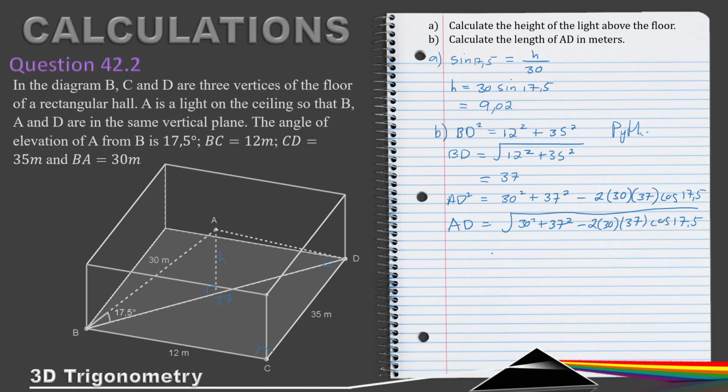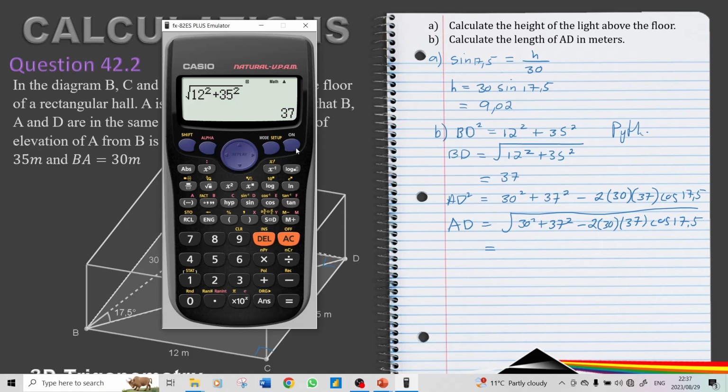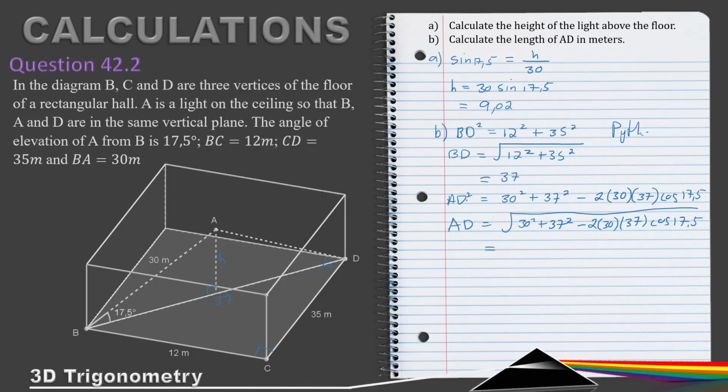All right. And then just a long list to type. Okay, so that gives us 12,32. Okay, and that is in meters. And then we are done.